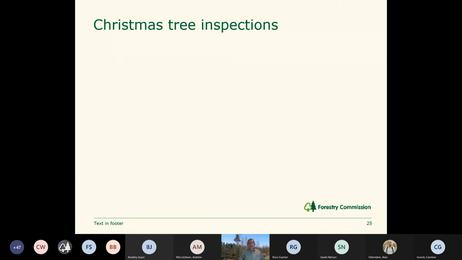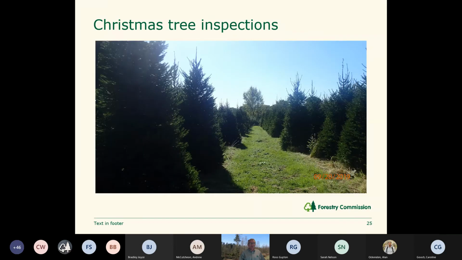Christmas trees are by definition or nature generally very well managed, very heavily inspected. There is very little opportunity for establishment, both in terms of the condition of the trees, which isn't attractive to typographus.